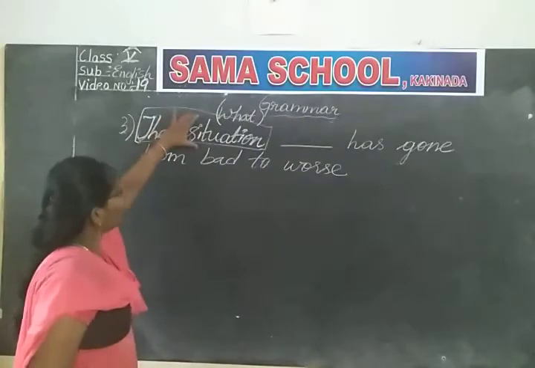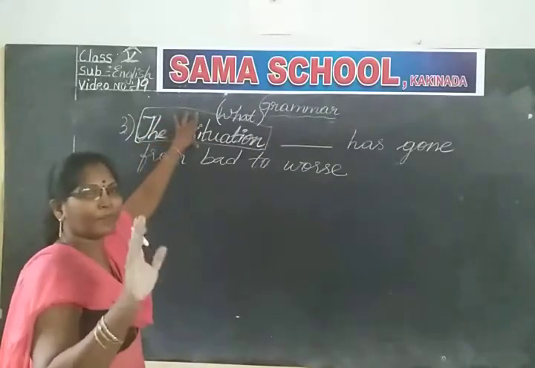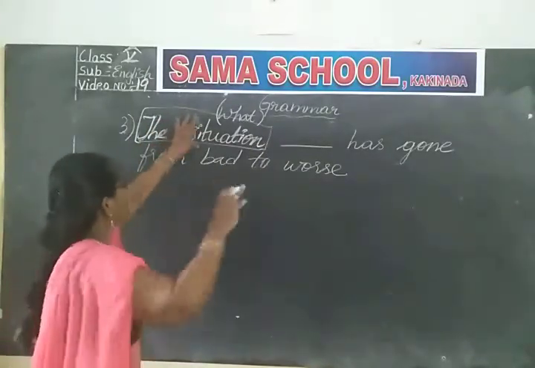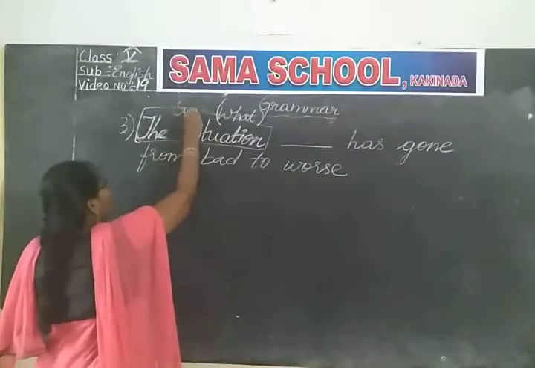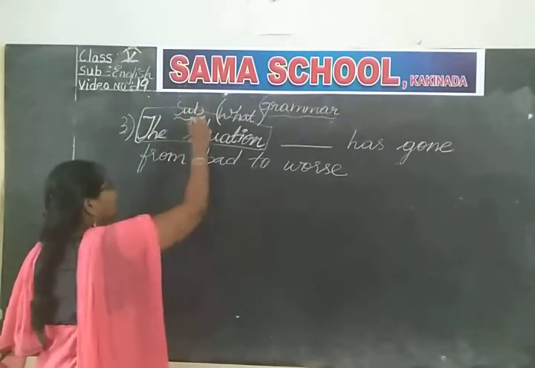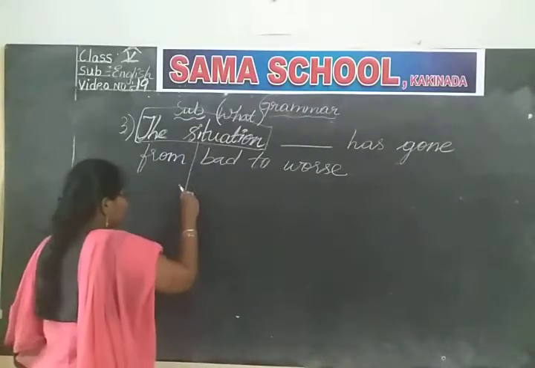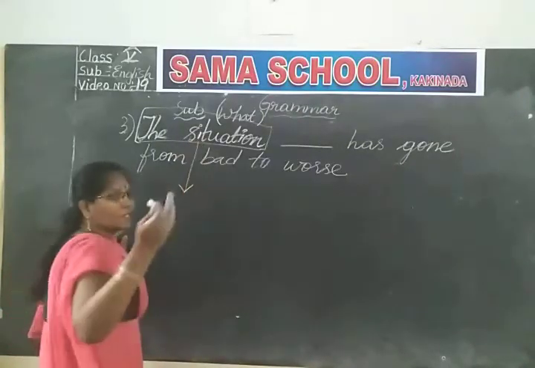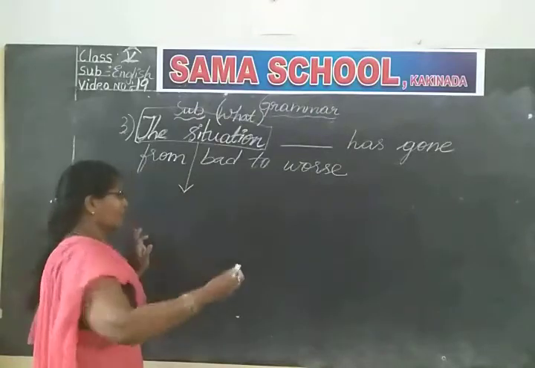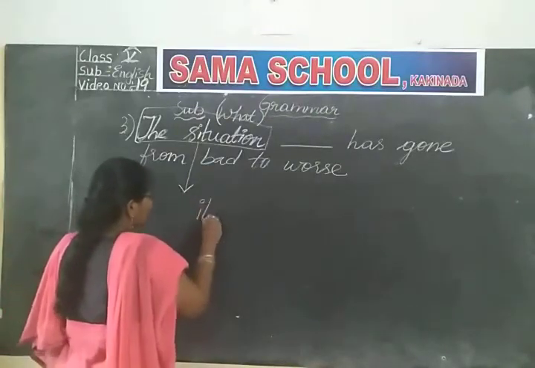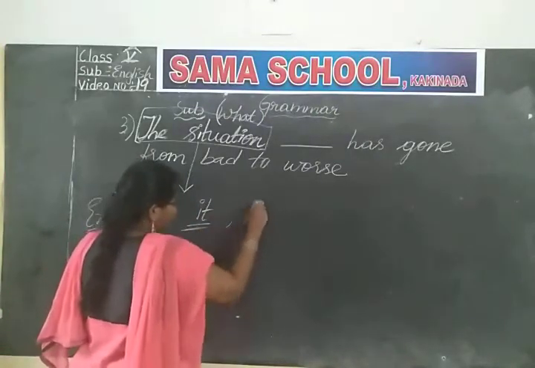Then here we are saying the situation. That means the situation is the subject. It is the subject but it is not indicating a person. Then we have to use it or its.